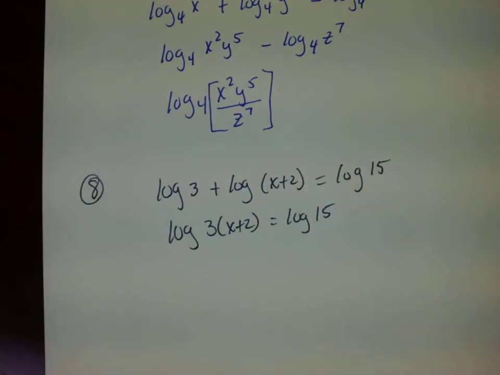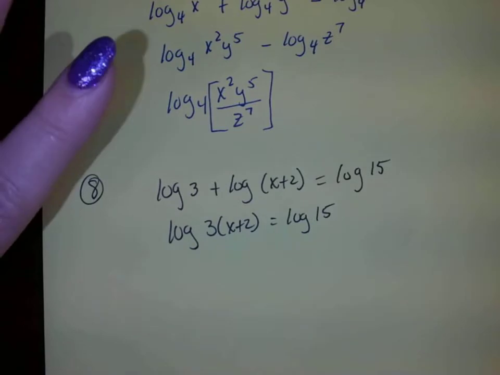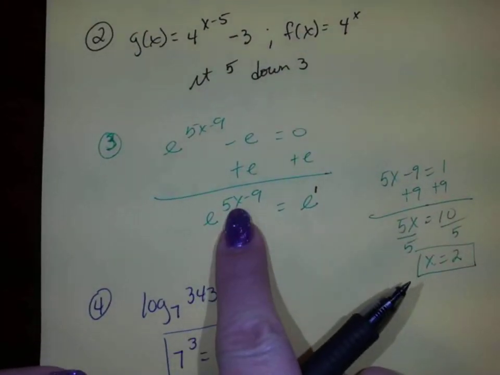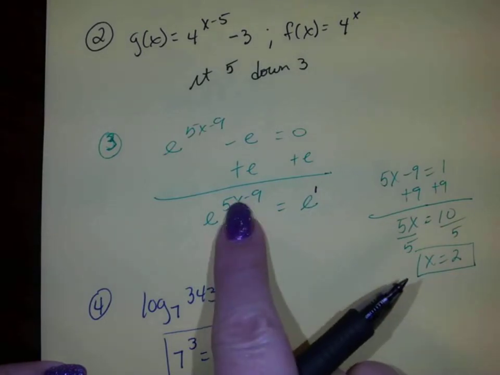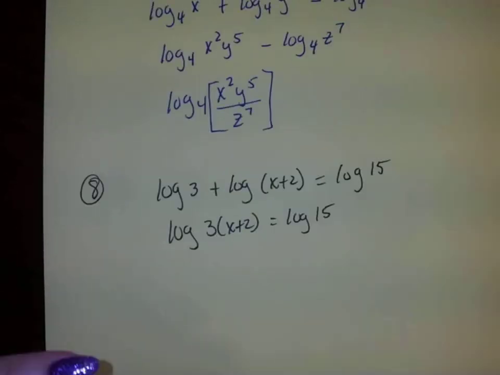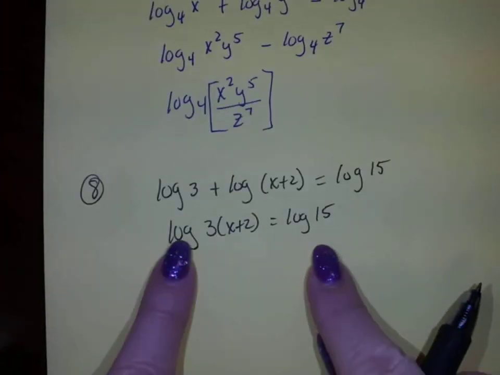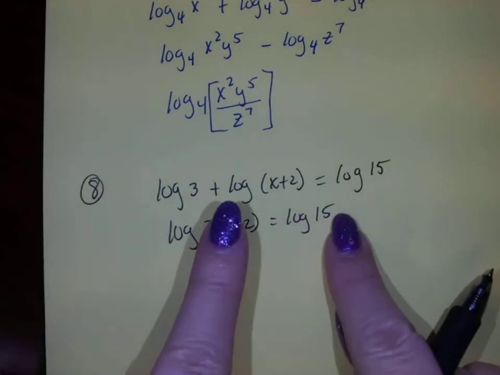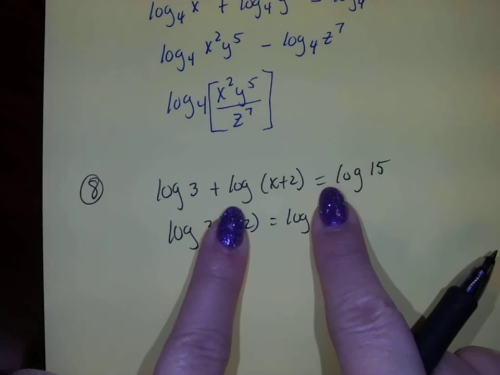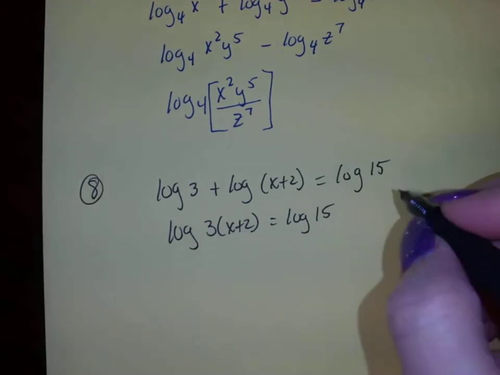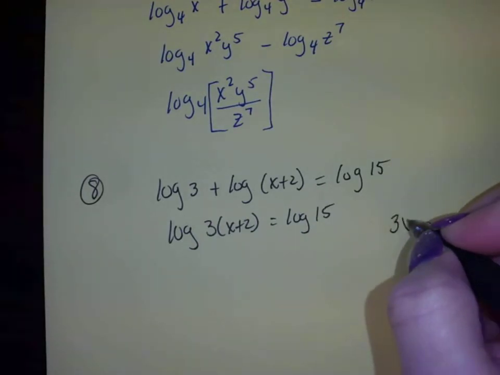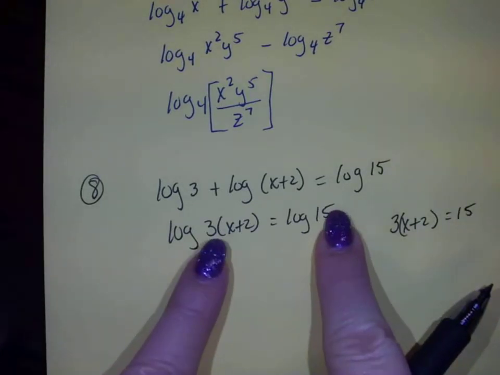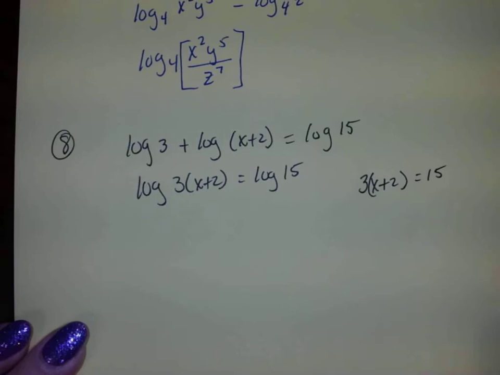So this is similar to when we solved for the e function earlier, where we had e to this power equaled e to that power, where the powers had to be the same. This is the same type of situation. We have log of this equals log of that. And if they're equal, then this part here has to be equal to that part. Otherwise, they're not equivalent. So that tells us that 3 times x plus 2 has to be equal to 15 in order for these logs to be equal to each other.